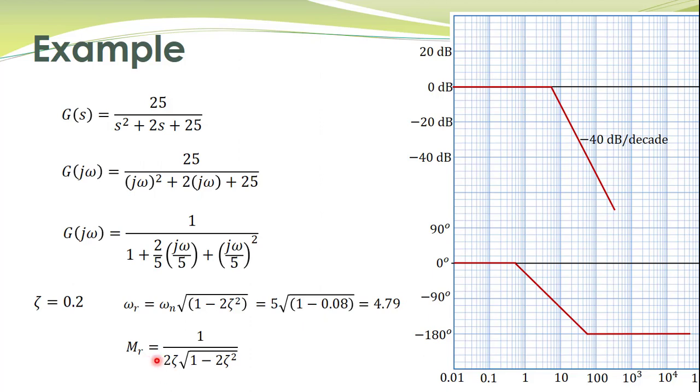We again substitute zeta equal to 0.2 over here, and we get 2.6, and 2.6 will first be converted into dBs. To convert it into dBs, we take its log and then multiply it by 20. So this converted into dBs is 8.3. So we have computed the resonant frequency and also the resonant peak, and therefore this graph can be improved by a freehand sketch, and this is the Bode diagram of a quadratic factor.